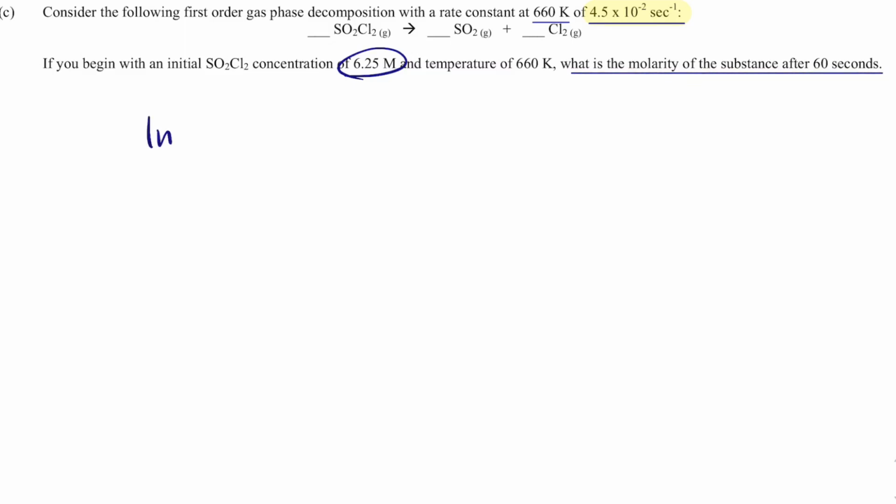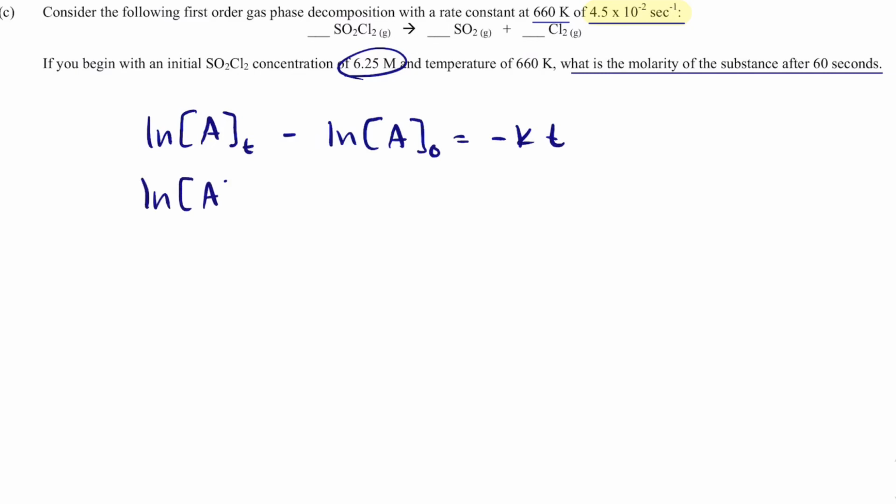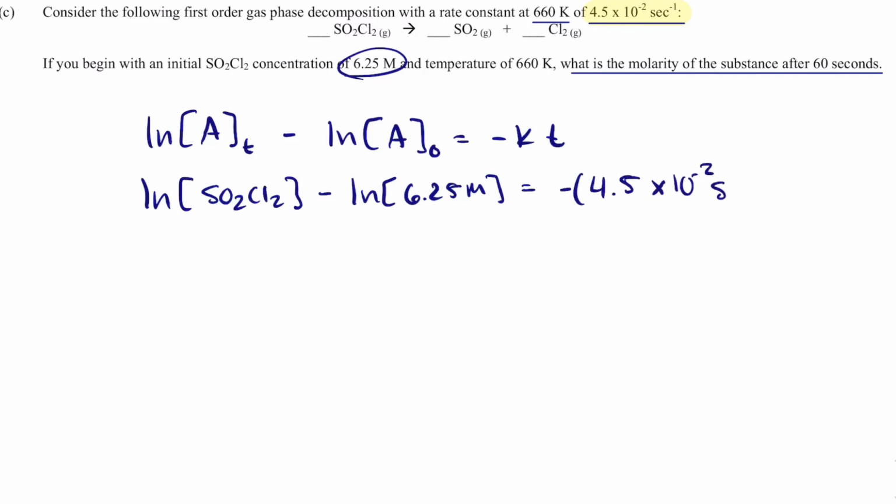Okay, so we can say ln A sub t minus ln A sub 0, which is the initial, equals negative kt. We are solving for the concentration of A, which in this case will be SO2Cl2. The initial was 6.25 molar. K is 4.5 times 10 to the minus 2 seconds to the minus 1 power, and just a minute passes, which is 60 seconds.